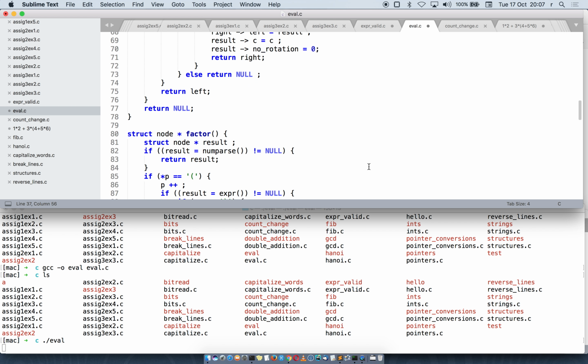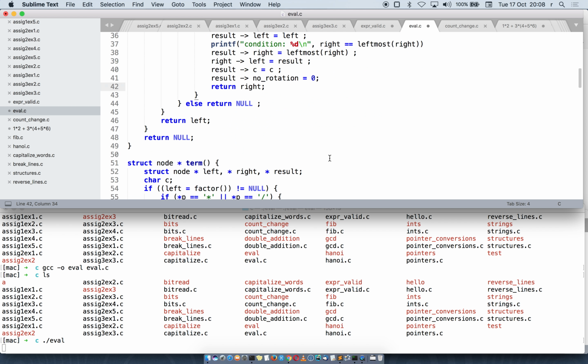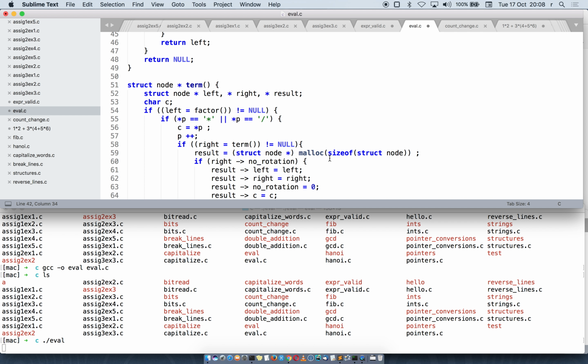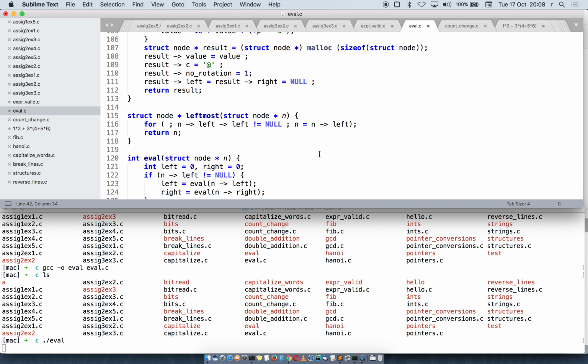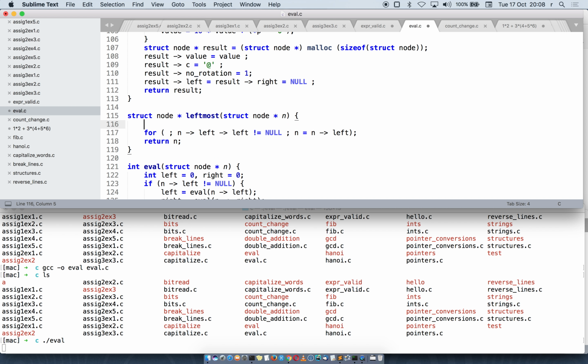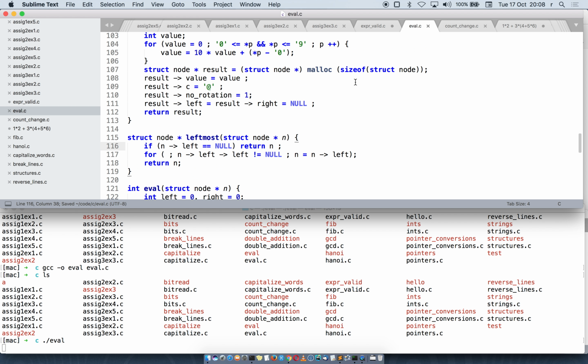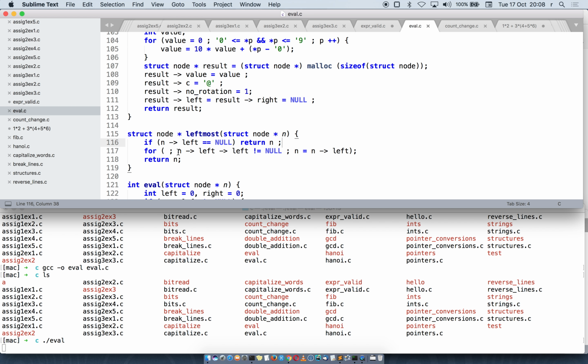But if it has a single level, if n left is null, return n. Right? So this assumes there are at least two levels in the tree.